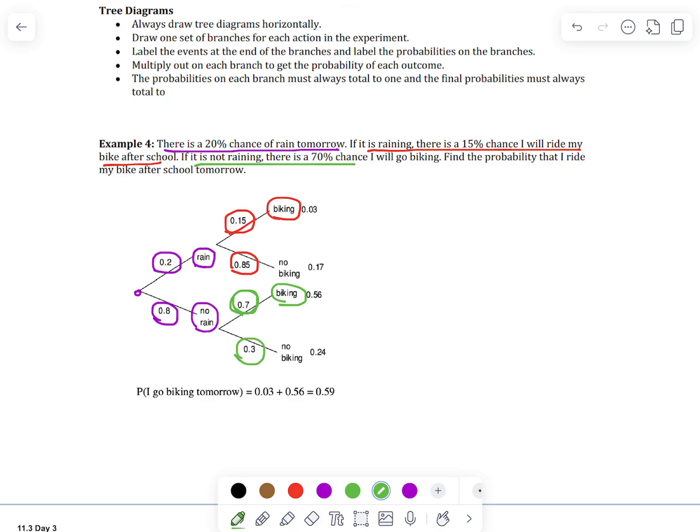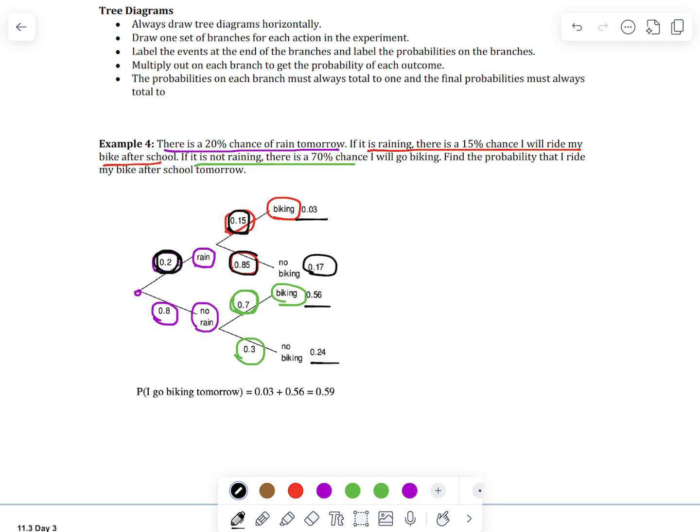And then what you do is you multiply. 20% and 15% gives you 3%. And then 20% and 85% gives you 17%. And you continue multiplying out those branches. So the question says, find the probability that I will ride my bike after school.